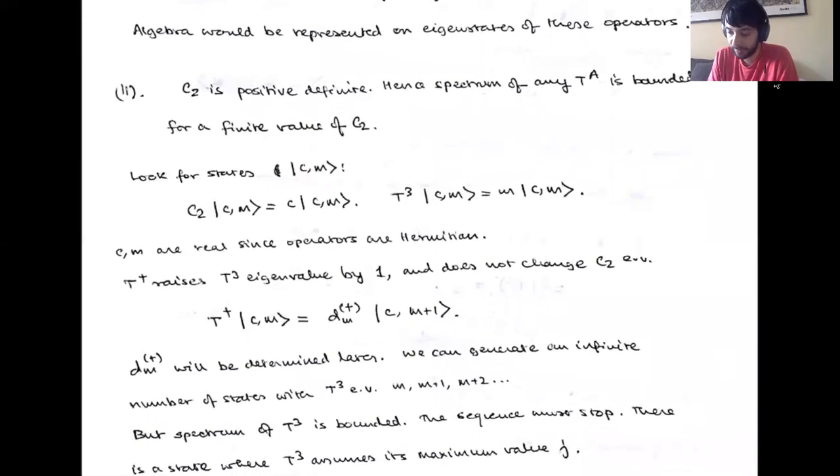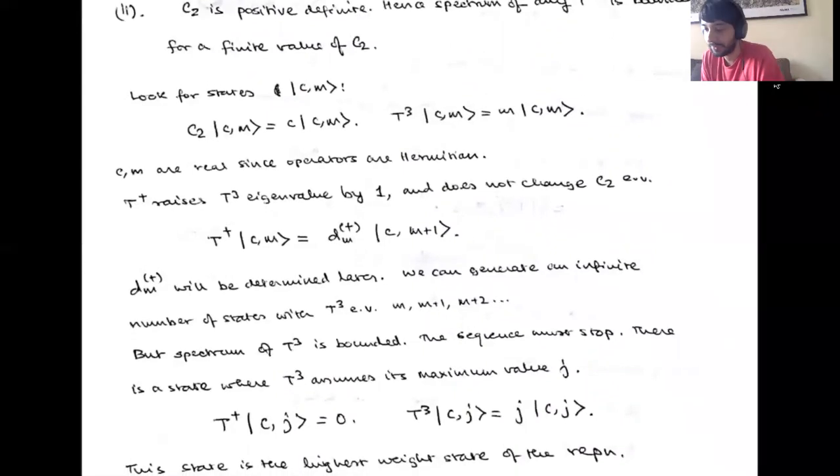Now we have T plus. This raises the T3 eigenvalue by 1 and does not change C2. So if we apply T plus on this state, we are going to move from the state (C, M) to the state (C, M+1). We will determine the coefficient later, but we can generate an infinite number of states with T3 eigenvalues M+1, M+2, and so on.